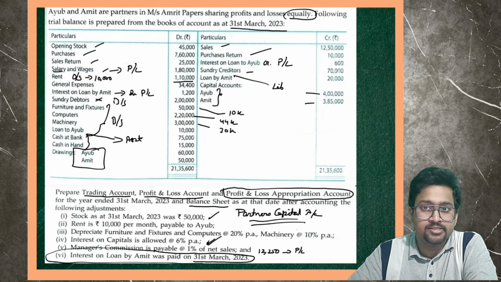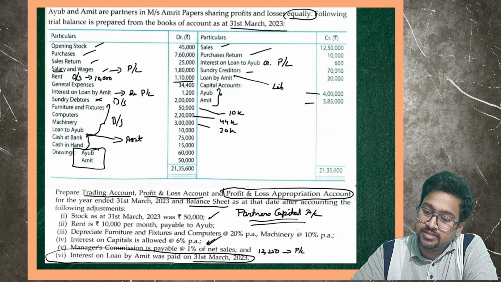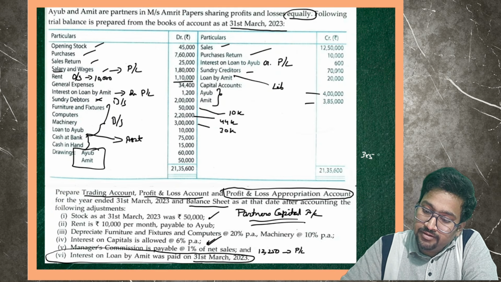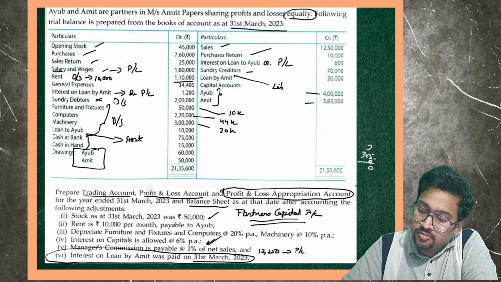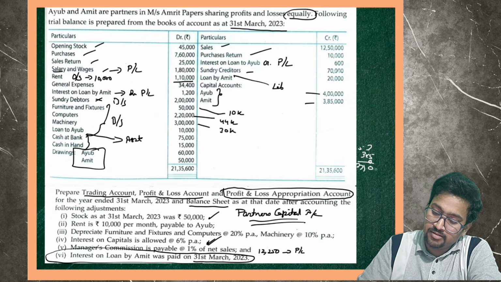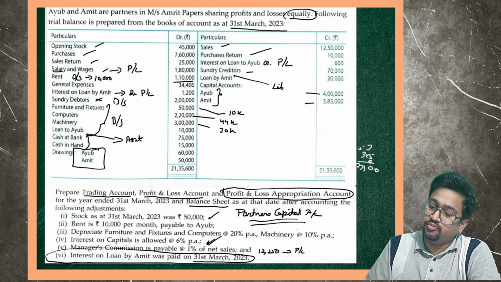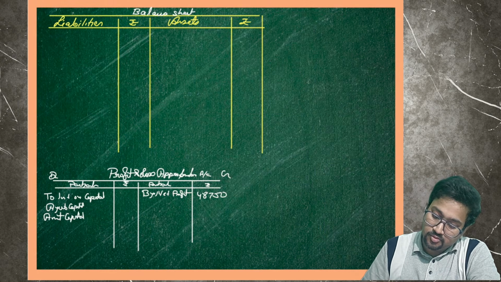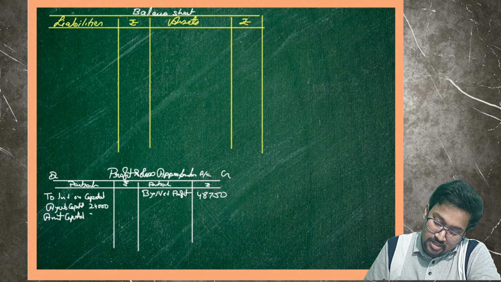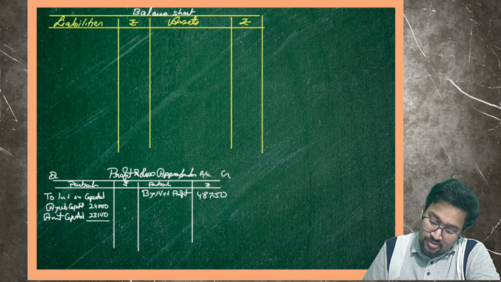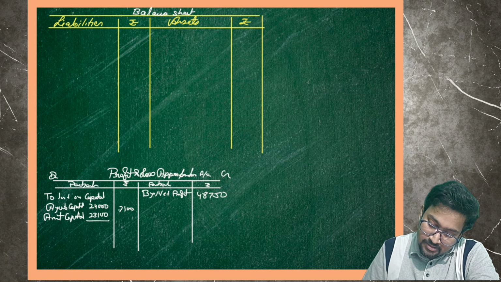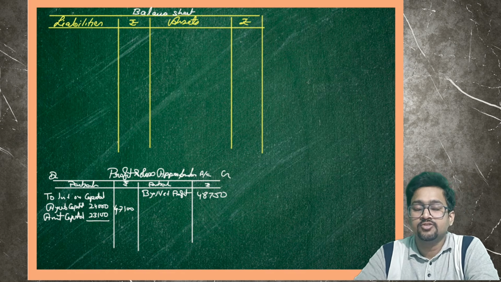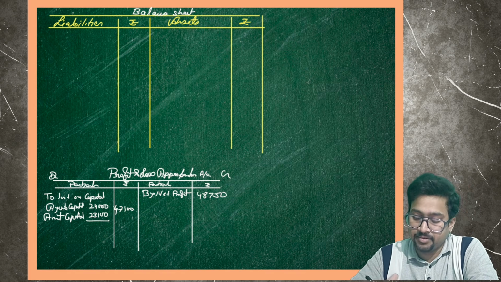For 4 lakh, 6% means 24,000, and 385 into 6: 6 5s are 30, 0, 3; 6 8s are 48, plus 3 is 51, 1, 5; 6 3s are 18, plus 5 is 23, so 231, and one more zero. So 23,100. This will be 24,000 and this will be 23,100, and total it will be 47,100. So 47,100 is our interest on capital.